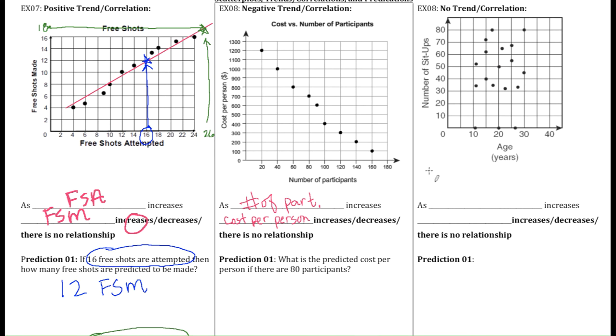So as this increases, this goes down. Okay, so it says, what's the predicted cost? So we will need to make a trend line.